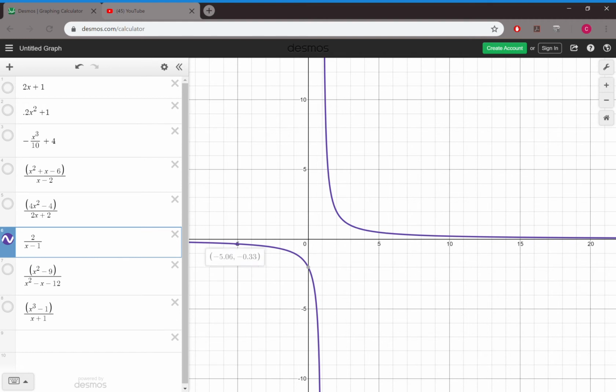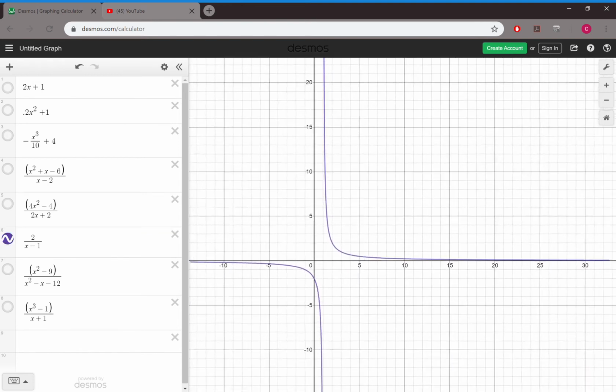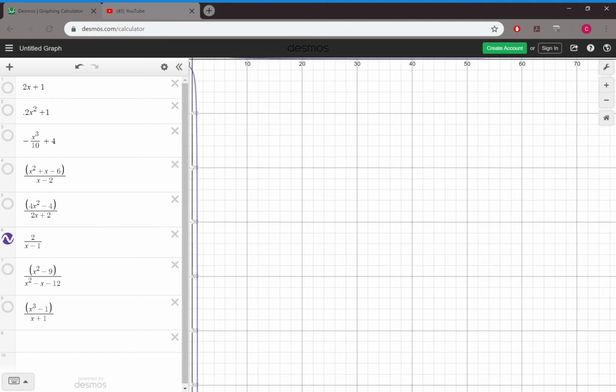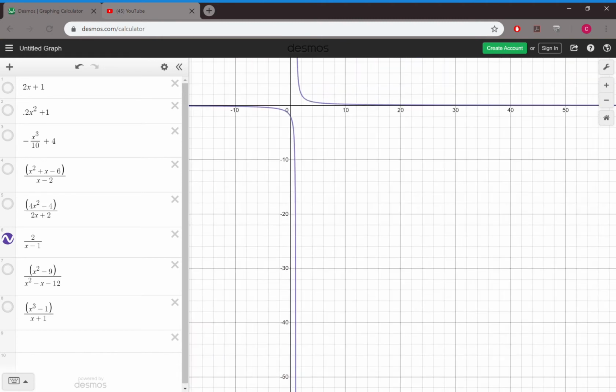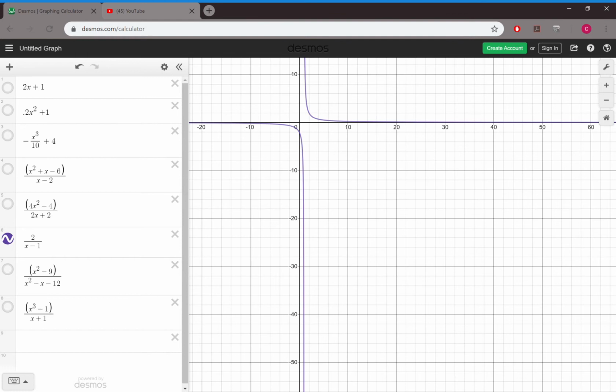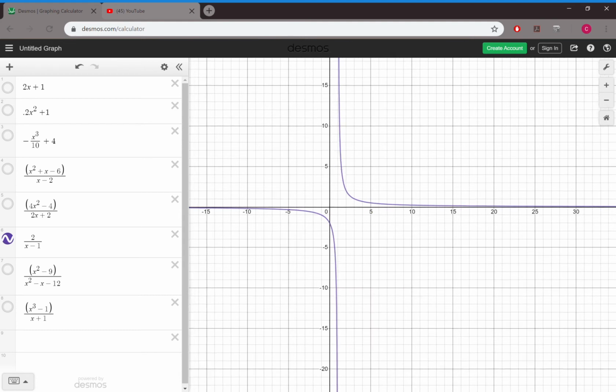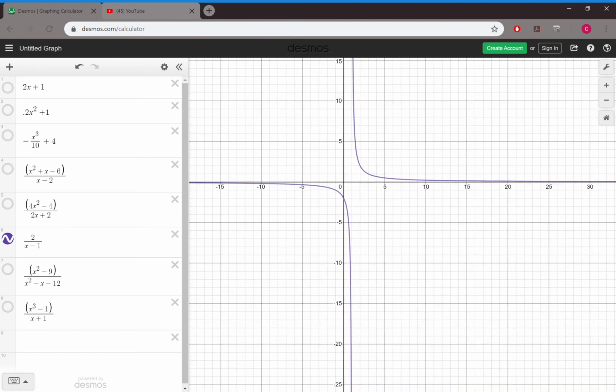Even on the left-hand side of x equals 1, look at what happened. Our graph is trying so hard not to let x equal 1 that the curves just keep stretching all the way out into infinity. They keep going upwards into positive infinity, and they keep going downward all the way to negative infinity. They want to do everything in their power to avoid x being 1.